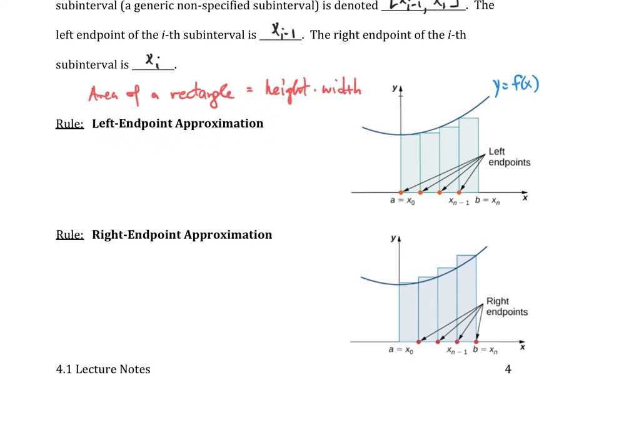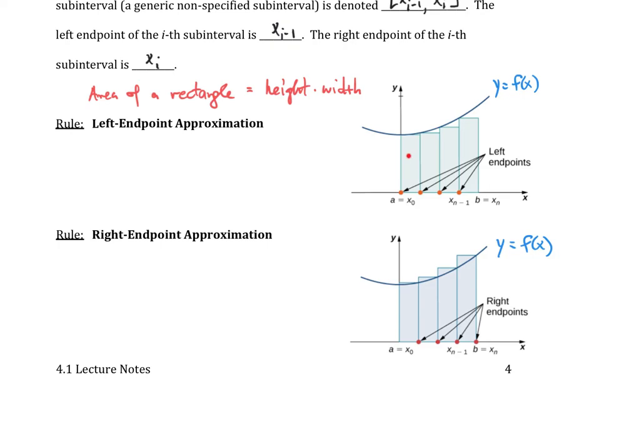All right. If you take a look at the picture below, I have the same curve. That curve is still y equal to f of x. But this time, I've taken my partition and I've evaluated the height of each rectangle at the right endpoint. So that would be a right endpoint approximation.